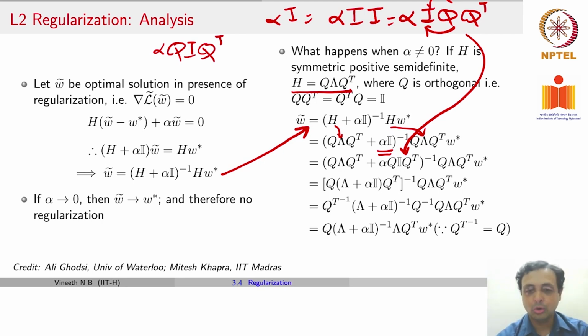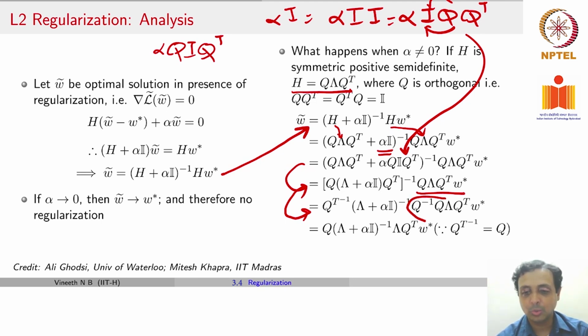Now I can group the terms and write this as Q into (lambda plus alpha I) Q transpose whole inverse. The rest of the terms stay the same. Now (AB) whole inverse is B inverse A inverse. Using that, I'm going to get Q transpose inverse (lambda plus alpha I) inverse Q inverse Q lambda Q transpose w star.